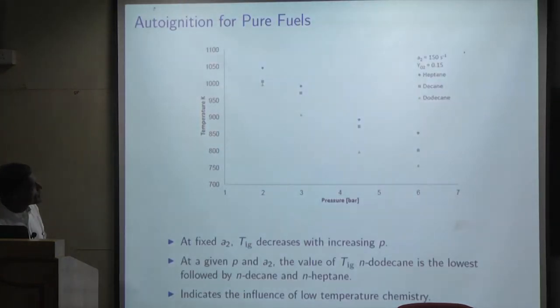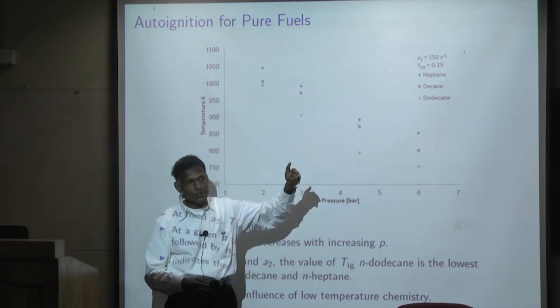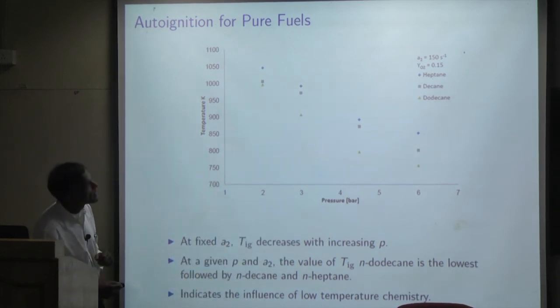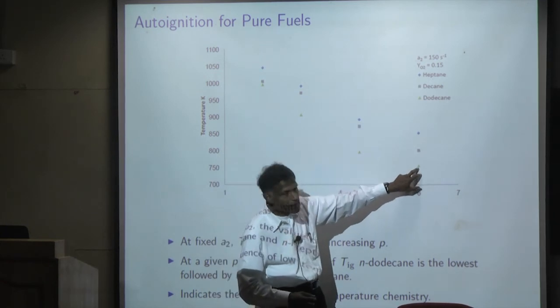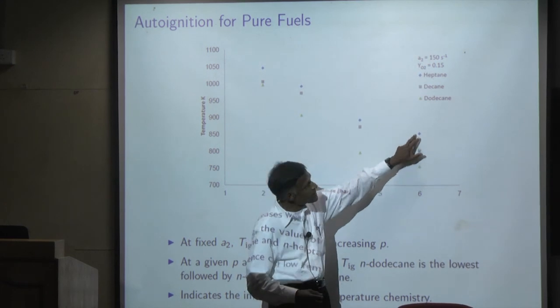Here are some data that we took. This is temperature as a function of pressure for different fuels: heptane, decane, and dodecane. This is very interesting. You can see that as you increase the pressure, the autoignition temperature decreases. Also, for a given value of the pressure, dodecane has a lower autoignition temperature than decane as well as heptane.